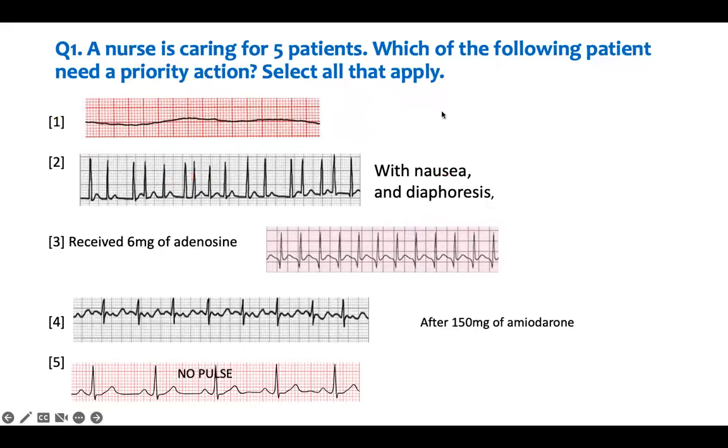I will say it again: if the patient is asymptomatic, no symptoms, the main thing is rate control. For rate control, you can give them a beta blocker, calcium channel blocker, or amiodarone, whatever you want to give them to bring them back. So that's what you do in terms of the treatment.